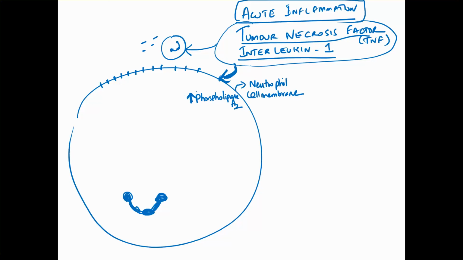So this phospholipase, this is what? Phospholipid. This phospholipid is broken down by this phospholipase, and they form arachidonic acid.